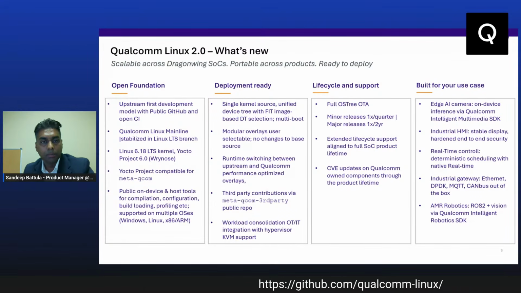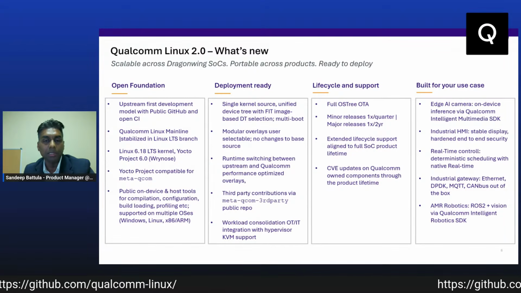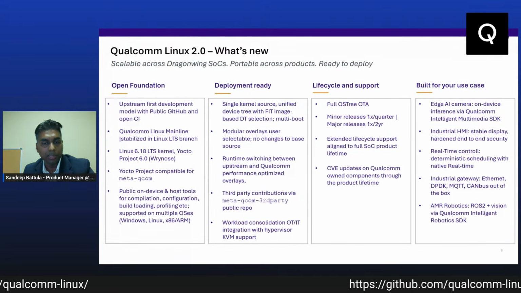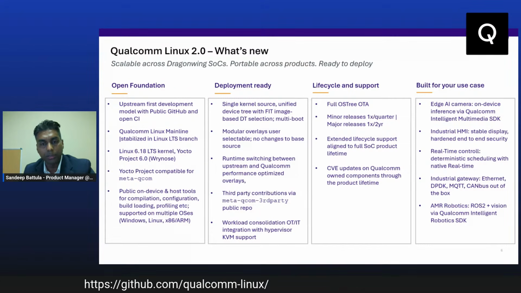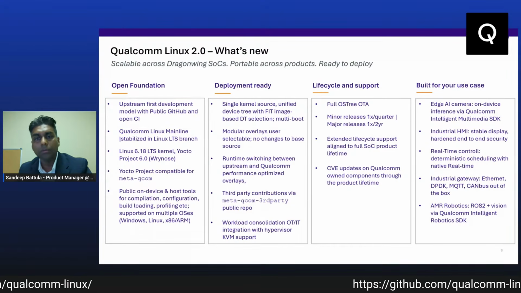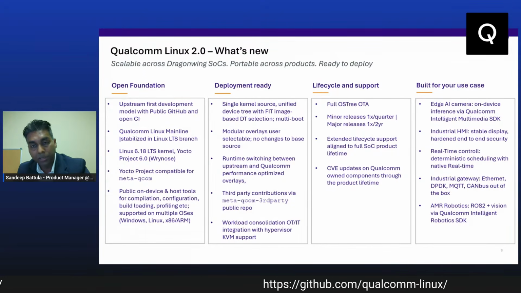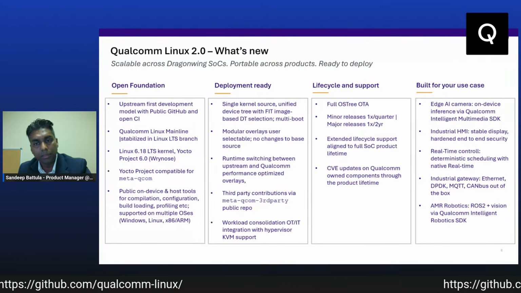Qualcomm Linux is deployment ready and enables OT and IT workload consolidation. For this, we enable KVM for you to safely run your isolated workloads as virtual machines. On Qualcomm Linux 2.0, similar to what we did on Linux 1.0, we will support full OSTree OTA and firmware updates through Capsule.